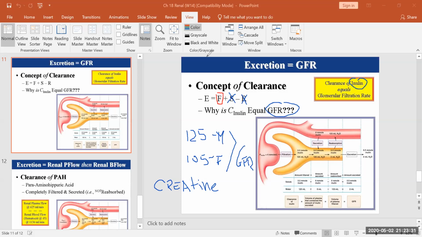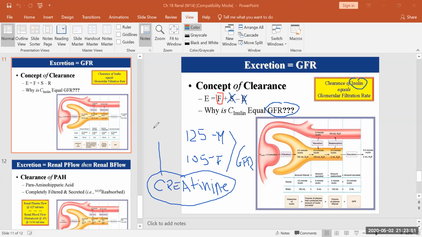This creatinine is a waste product from protein catabolism.